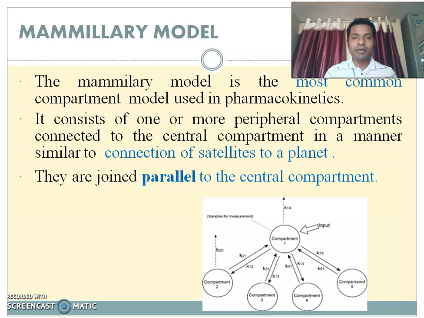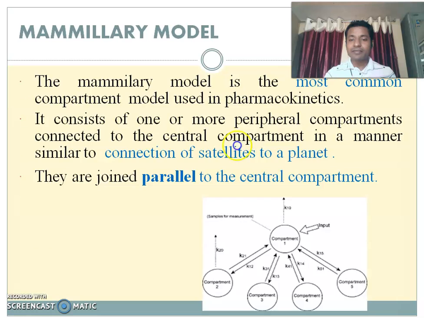So first one is the mammillary model. The mammillary model is the most common compartment model used in pharmacokinetics or characterization of a drug, right? It consists of one or more peripheral compartments which connect to the central compartment in a manner similar to the connection of satellites to the planet. The structure of this model is like a satellite system, right?